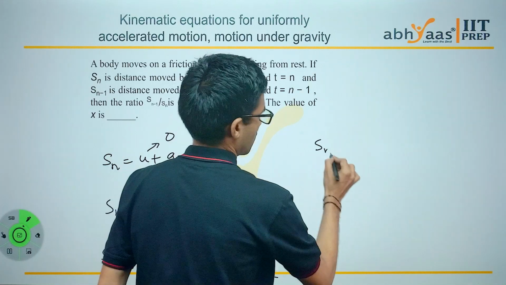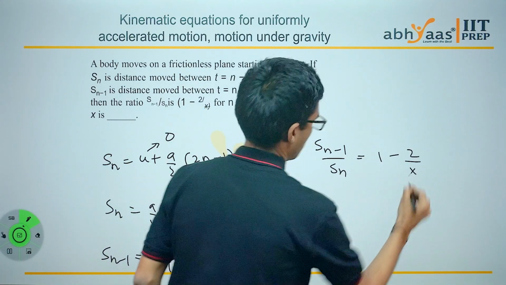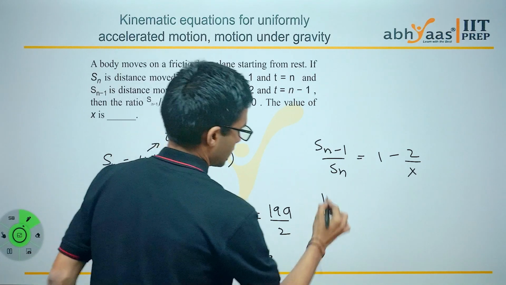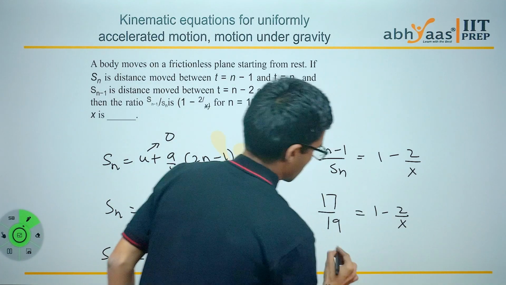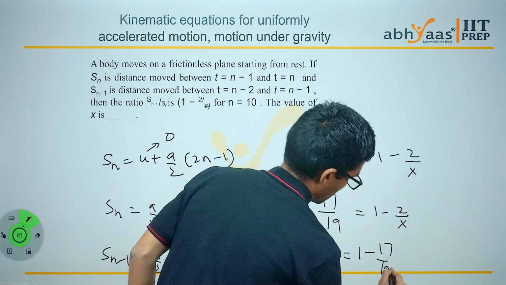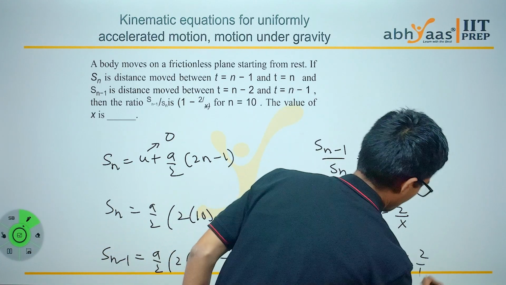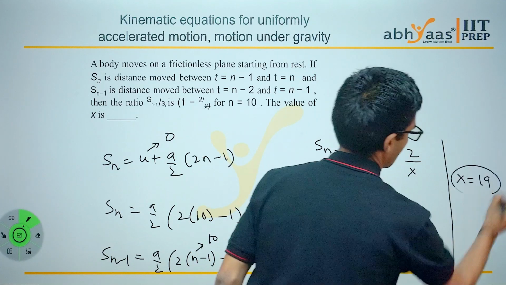S(n minus 1) by Sn is equal to 1 minus 2 by x. If we apply, that is 17 by 19 is equal to 1 minus 2 by x. That is 2 by x equal to 1 minus 17 by 19, that is 2 by 19. If we compare, x equals 19. That is the answer.